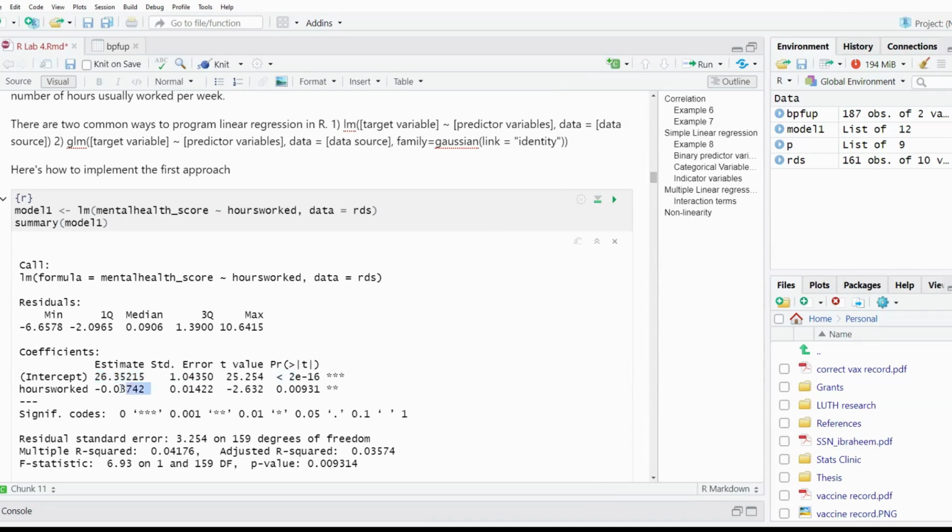Sometimes we're interested in the intercept in some types of analysis, depending on the question we're trying to answer. But more often than not, we're interested in the beta estimate for hours worked, and this is the p-value we often interpret. Okay.